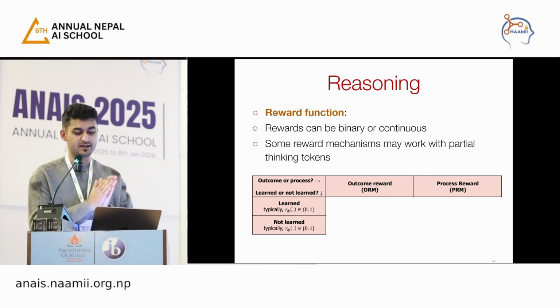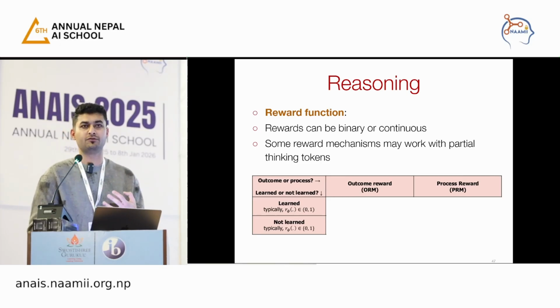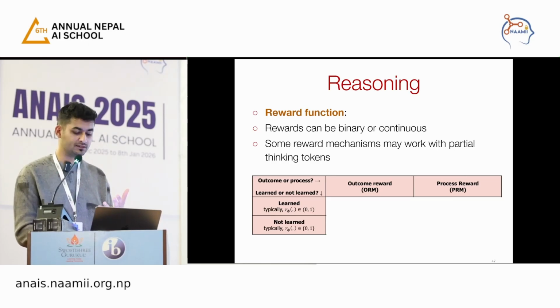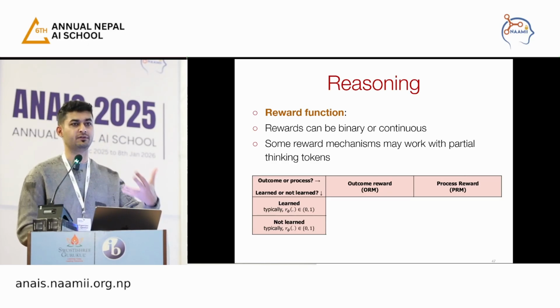Those work part by part, and that comes into the category of PRMs, process reward models. And others are outcome reward models, for which we see the end outcome and then give a reward to the LLM.